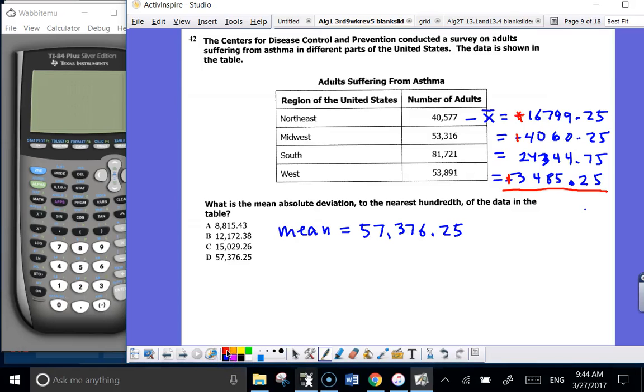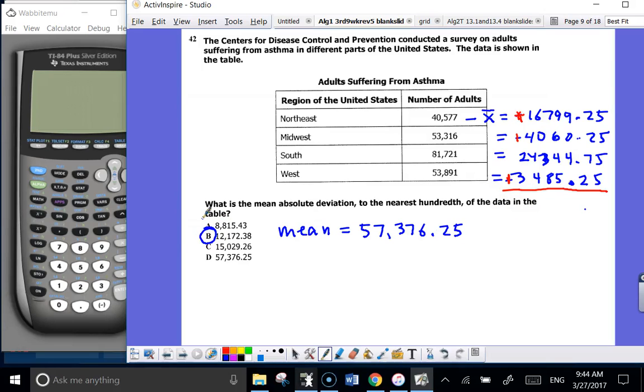That's what it's telling you to do ultimately. So what are you going to get when you add those up and divide by 4? 12,172.375. So you get the B.